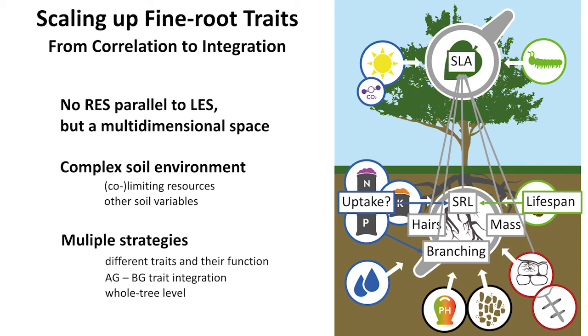And I hope that my model shows at least one way, and it's still a work in progress, to test the impacts of these different strategies at the whole tree level by integrating traits rather than just correlating traits that seem to be parallel. So what this figure shows is, in the first place, why we hired a professional graphic designer to make a conceptual model rather than doing it myself.